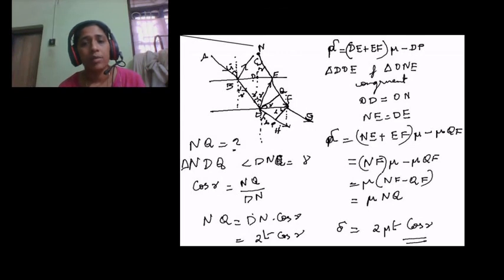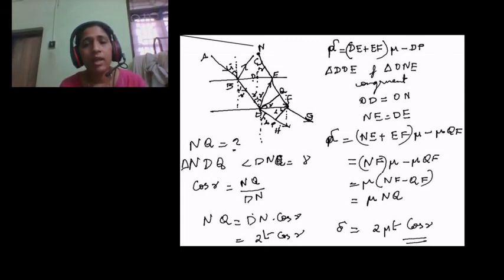Therefore, NQ is equal to DN into cos R, and this DN is twice the value of the thickness of the thin film, because OD is equal to the thickness, and the same value is extended towards ON.